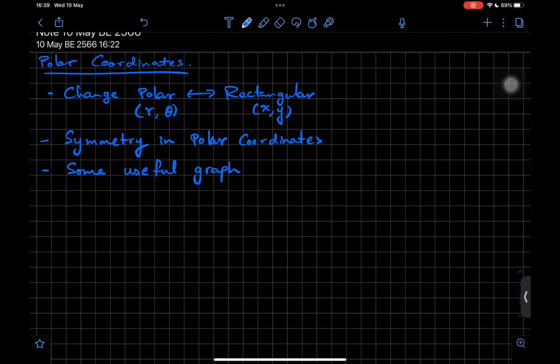Okay, the graph that you will see on the exam, and the last one will be the integral in polar. Okay, we have 4 main topics.